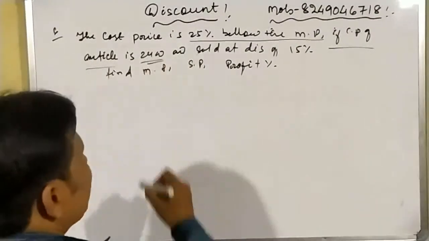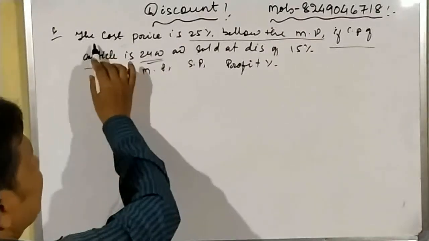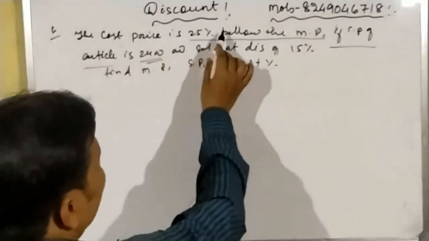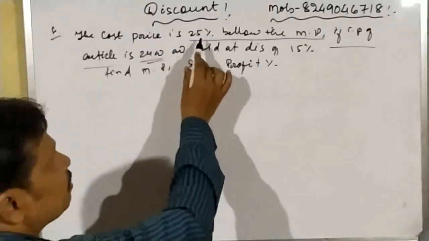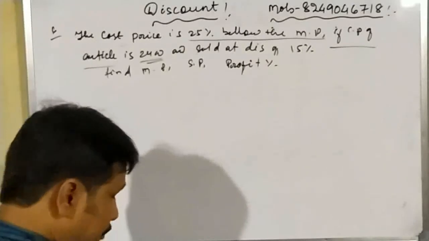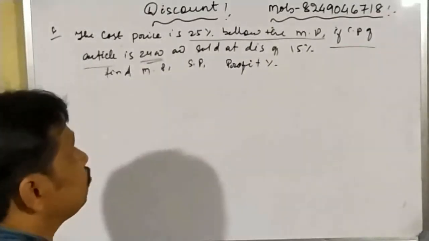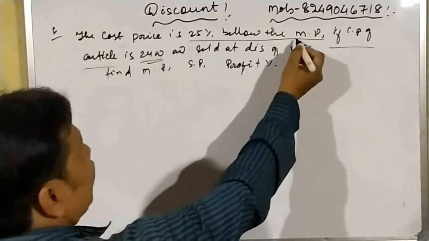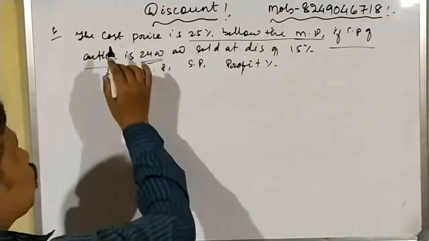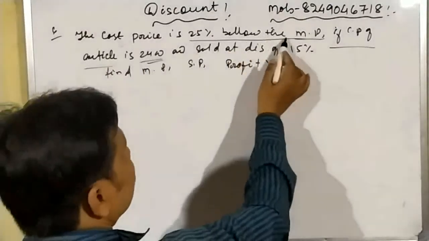The cost price is given, and it is written that the cost price is 25% below the mark price. So here the cost price is expressed in terms of the mark price, but the mark price is not given. So first of all we have to find out the mark price.